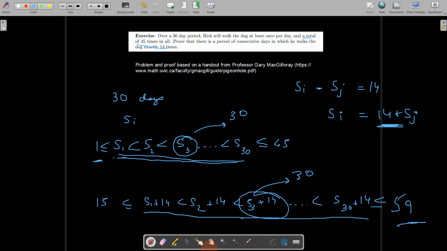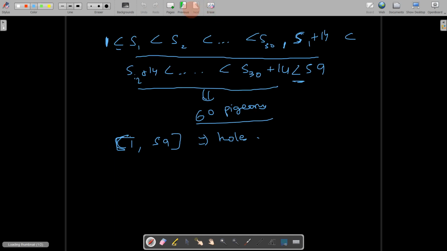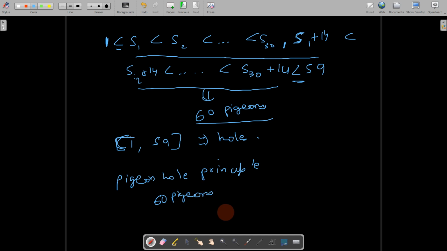So from the pigeonhole principle, as there are 60 pigeons, which are nothing but the cumulative sum series, and 59 holes, two pigeons have to share the same sum.